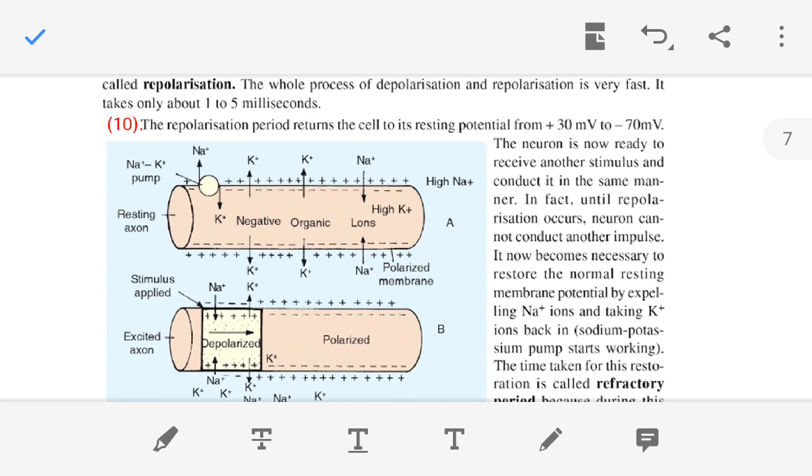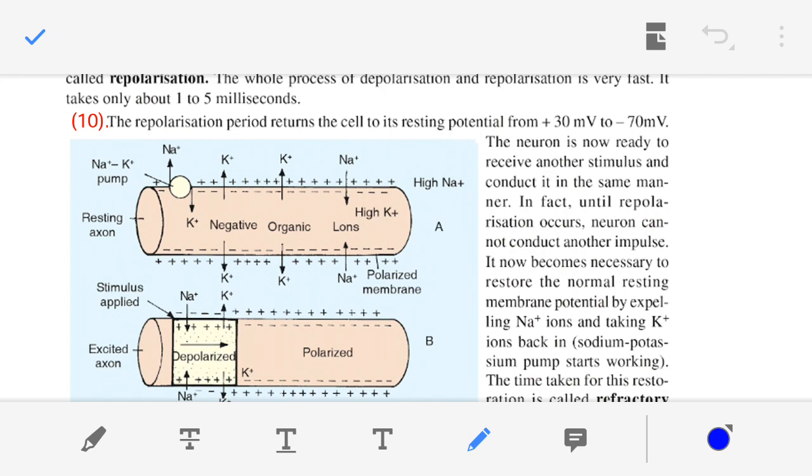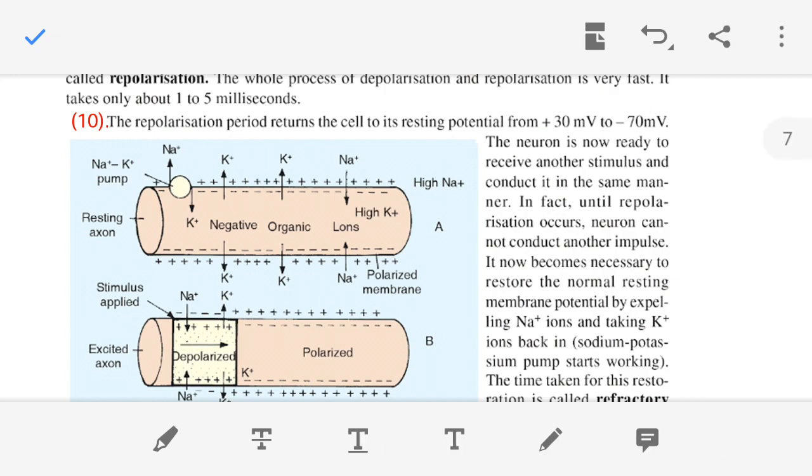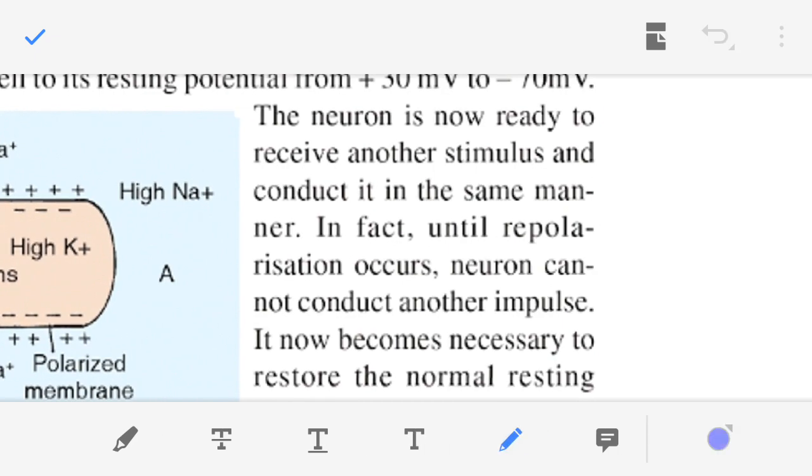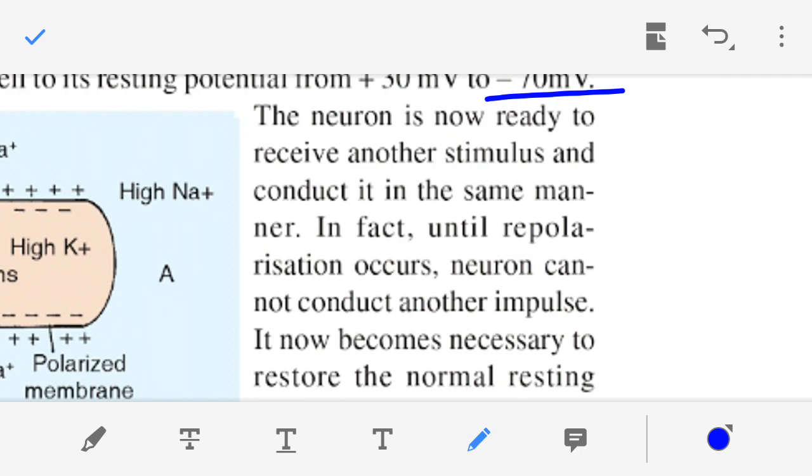Now the repolarization period returns the cell to its resting potential. In repolarization, the value changes from plus 30 to minus 70. Once the resting membrane potential of minus 70 is reached, the neuron is ready to receive another stimulus and to propagate another nerve impulse.